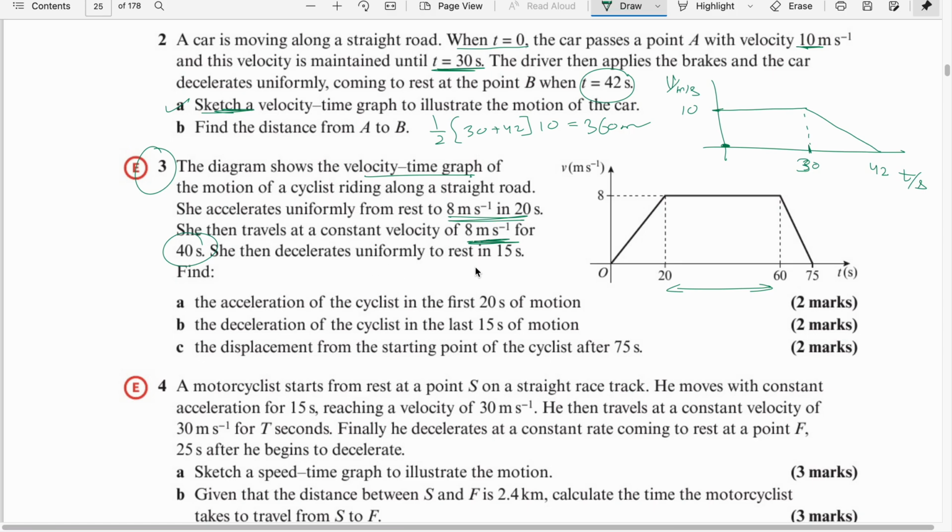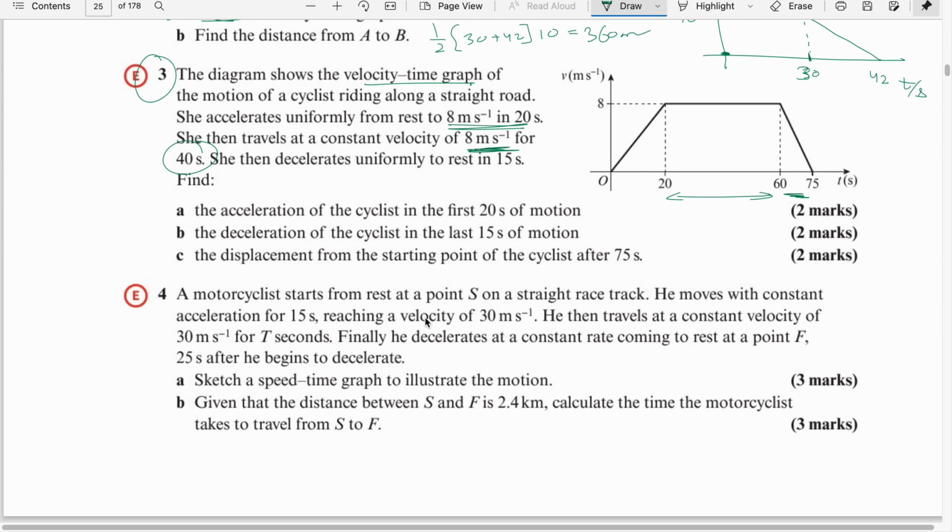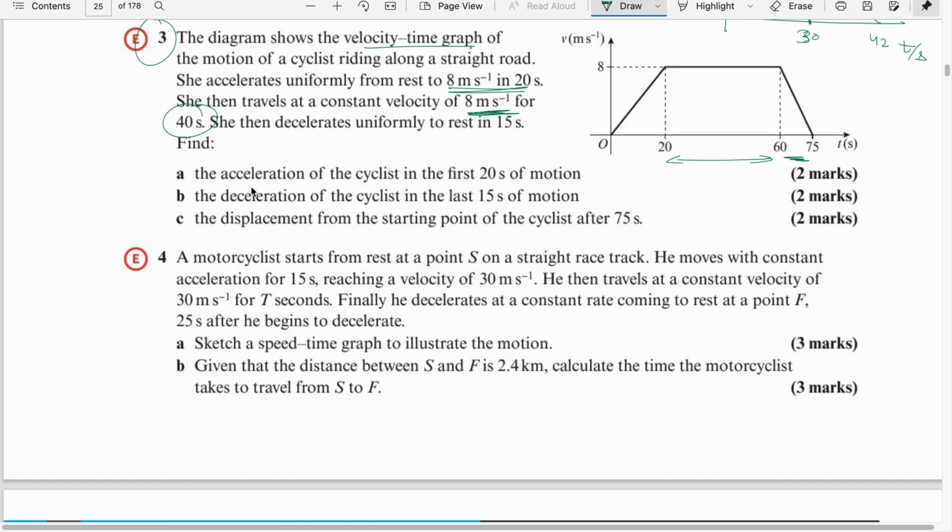She then decelerates uniformly in the last 15 seconds. A part requires the acceleration of the cyclist in the first 20 seconds. So that is rise over run, 8 by 20. 8 by 20 is 2 by 5, or 0.4 meters per second square.